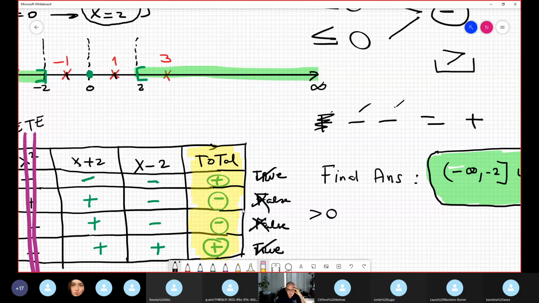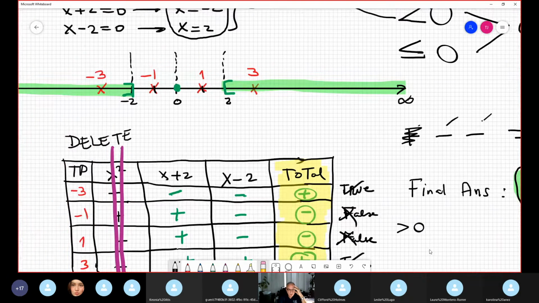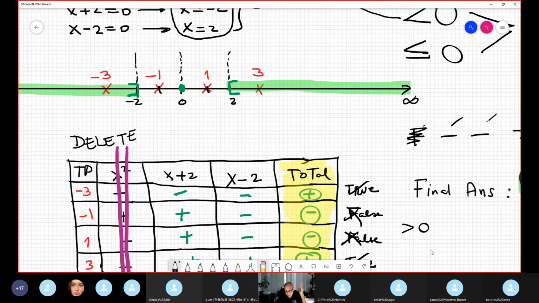This piece doesn't belong. There are many ways to do this. You say this is true, this is false, this is false also, and this is true. That is the reason I highlight the truth map in green. Got it?